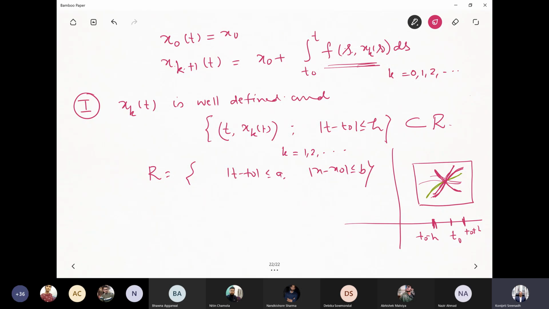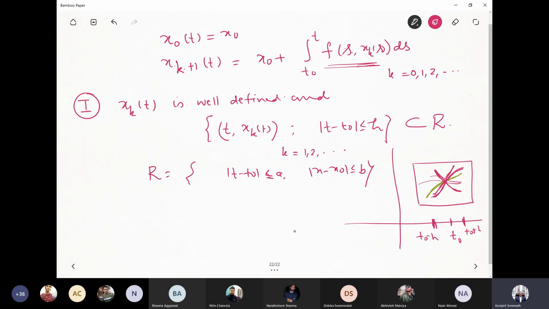So why is this true? We know that f is bounded. To show that this is going to be in the rectangle, |t - t_0| less than or equal to a is a big number and h is a small number, because h is less than or equal to the minimum of a and b.